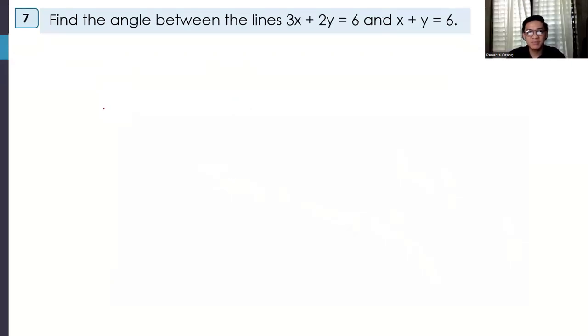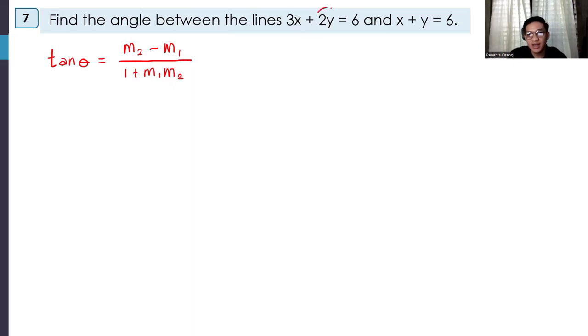Number 7, we have find the angle between the lines 3x plus 2y is equivalent to 6 and x plus y is equivalent to 6. So, the formula we will use here, class, is tangent theta is equivalent to the slope of the second line minus the slope of the first line divided by 1 plus the slope of the first line multiplied by the slope of our second line.